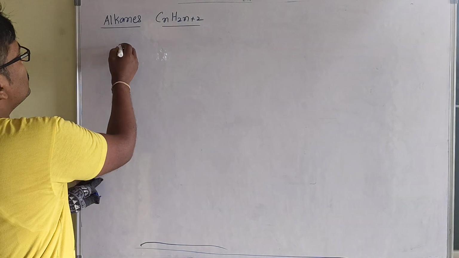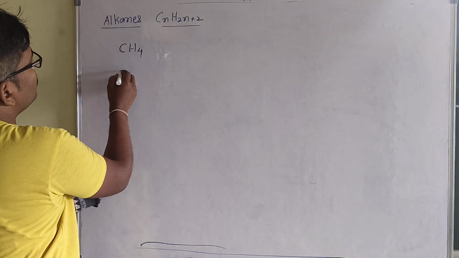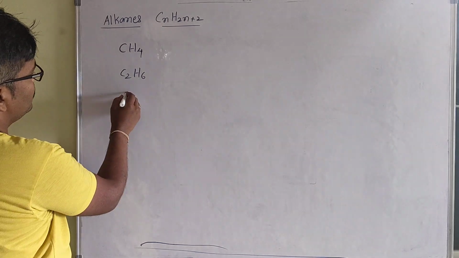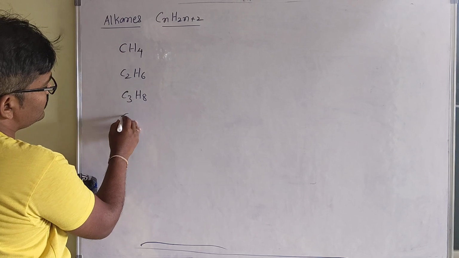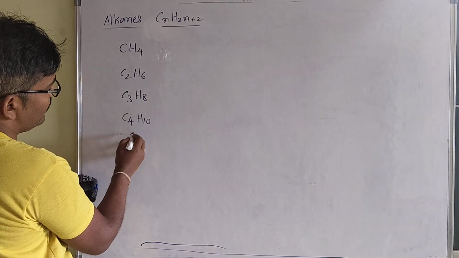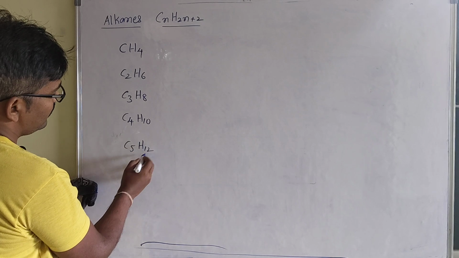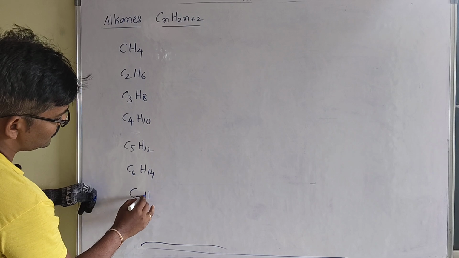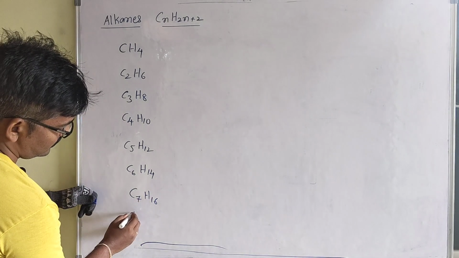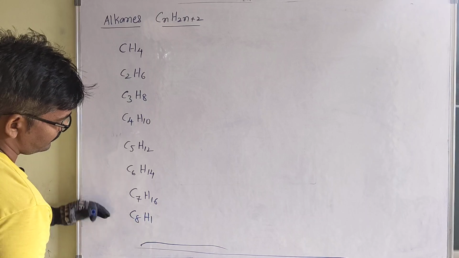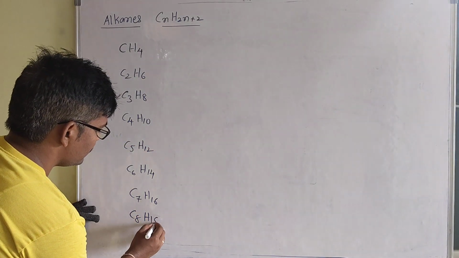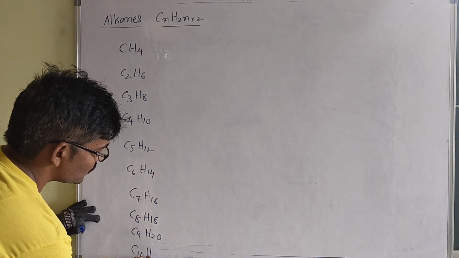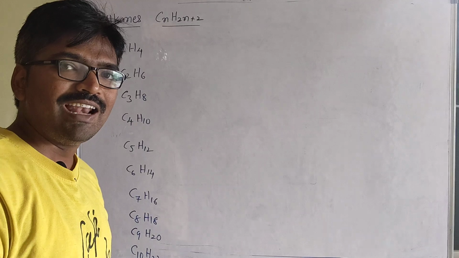Alkanes from the starting onwards, methane and ethane won't show any structural isomerism. Taking the general formula CnH2n plus 2, for example CH4, then C2H6, then C3H8, then C4H10, then C5H12, then C6H14, then C7H16, then C8H18, then C9H20, then C10H22. These are up to decane, the alkanes we call, right?